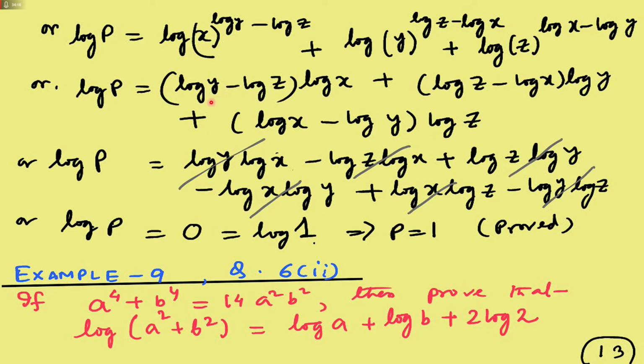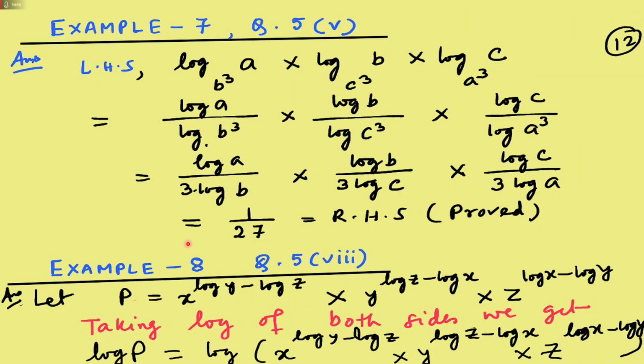Now just open the brackets, and you will have these relations, and this log y log x will cancel with this number because it is in plus and it is in minus, and you will have only 0 as log p.